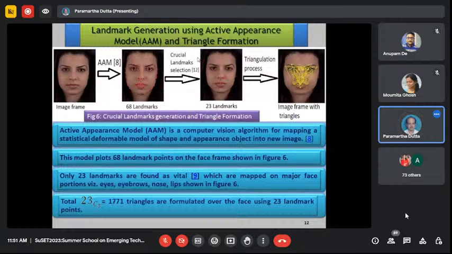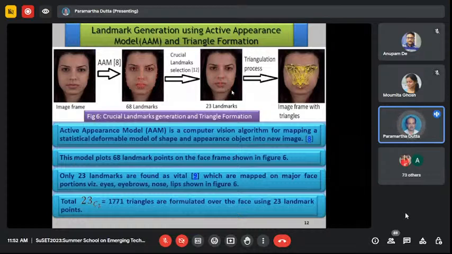So getting hold of 23 out of the 68 at very little cost is a very welcome contribution.